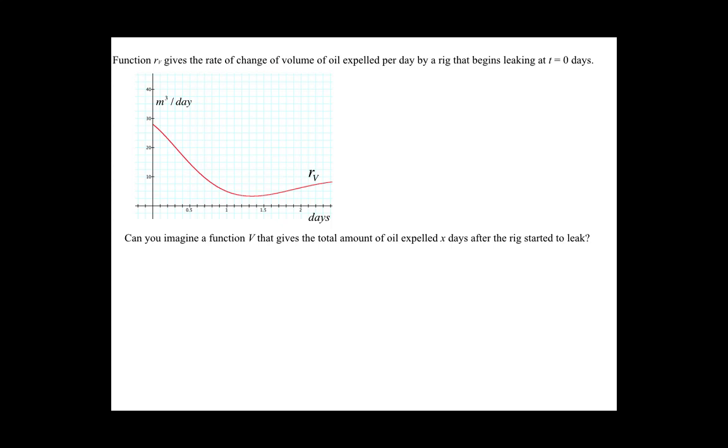See if you can imagine maybe a light sketch of what this would look like if I were to try to figure out how much total oil has spilled between time 0 and time 1 and time 2. Think about the shape of this graph or some of the values. We'll do some more specific computations in a little bit. But think about if I were trying to graph the volume, not the rate of change of the volume of oil, what that would look like.